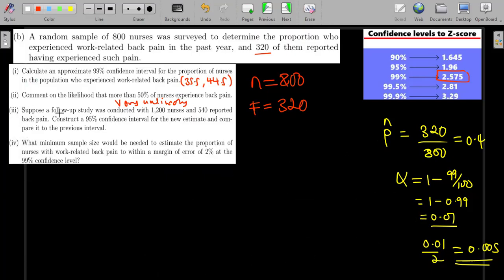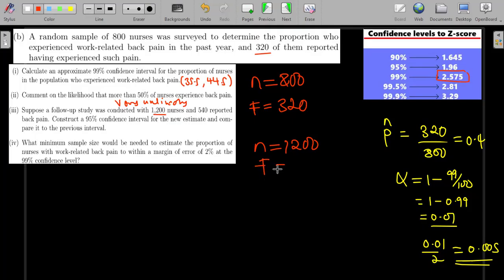So part 3, they're saying suppose a follow-up study was conducted with 1,200 nurses. So it means my n has changed to 1,200 nurses, and 540 reported back pain.